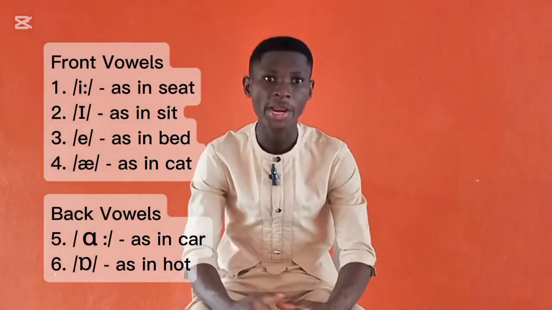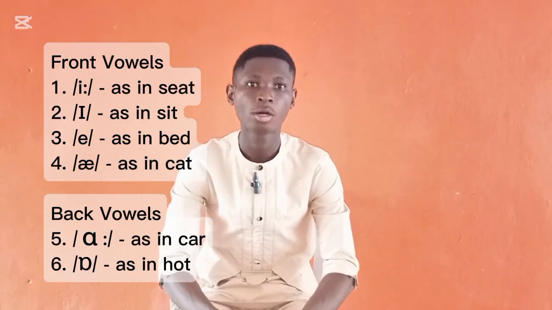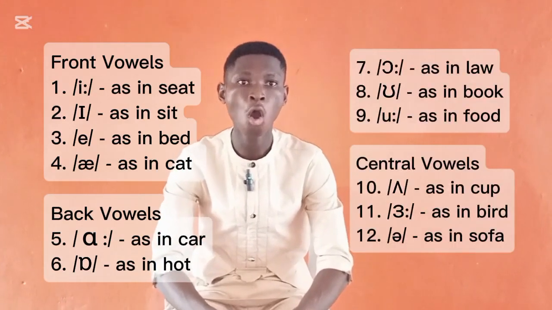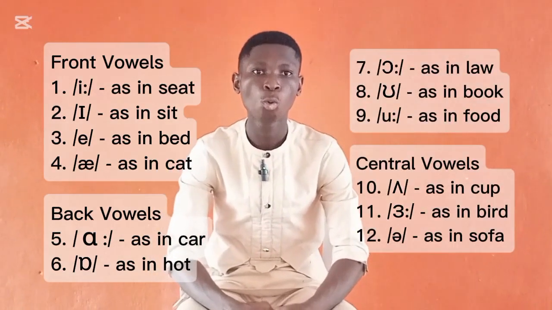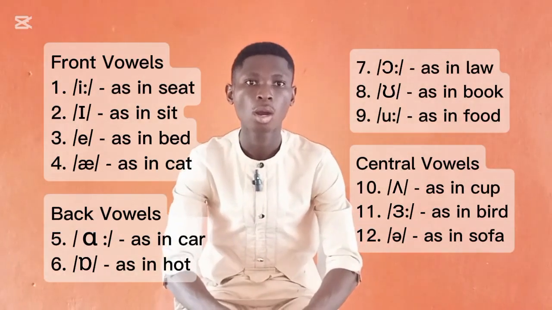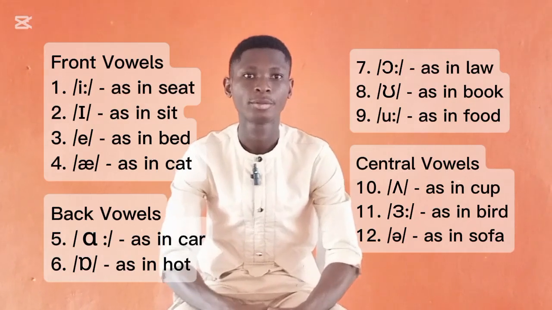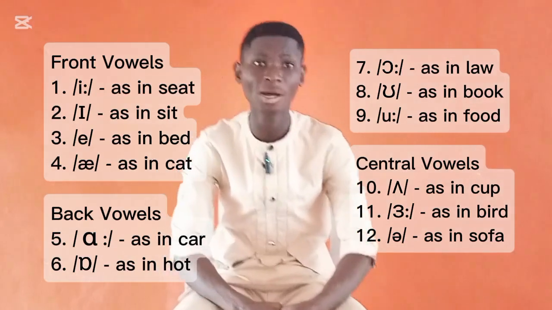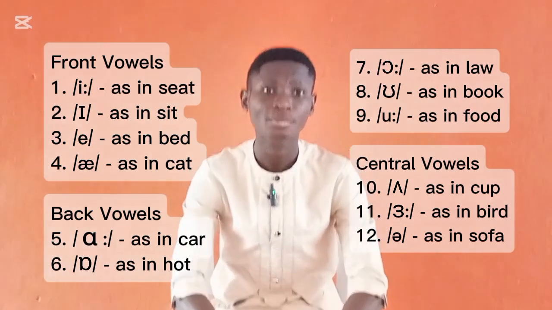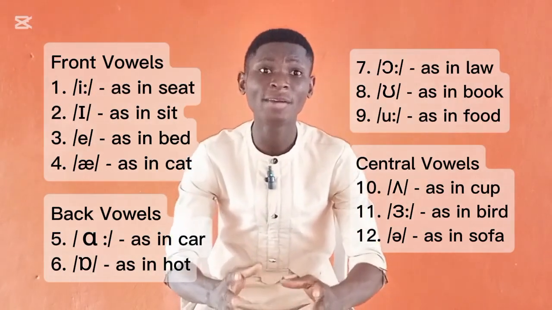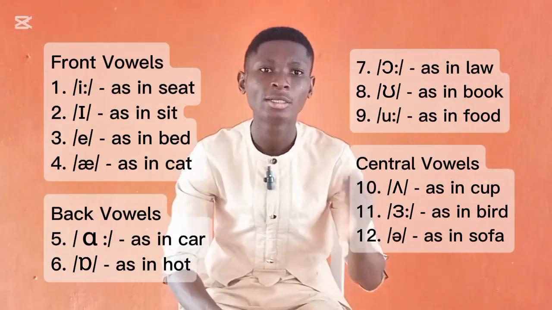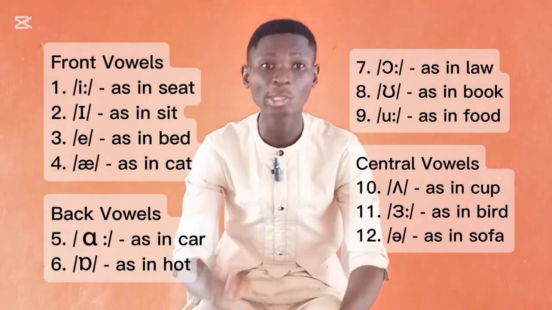So the monophthongs of English language arranged chronologically include E, A, A, O, U, Er. Those are the 12 monophthongs of English language, and they are subdivided into long vowel sounds and short vowel sounds.